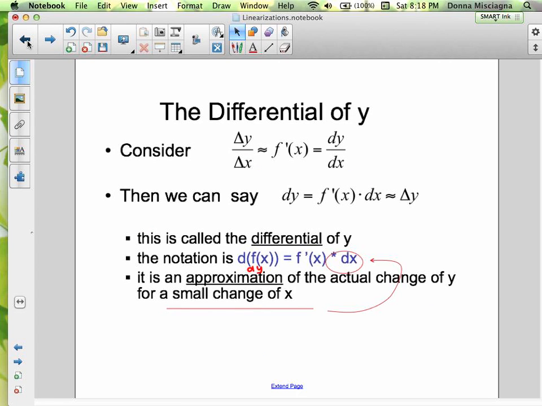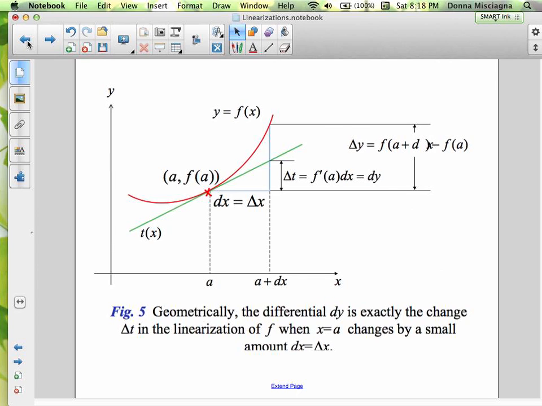And that linear approximation for dy can be found by taking the derivative times the change in x. And that's what we're going to be using to calculate the change in y. So it's another use of our linear approximation method, but specifically we're not looking to evaluate a function at a certain value. We're not approximating a value of a function. We're approximating a change in y.